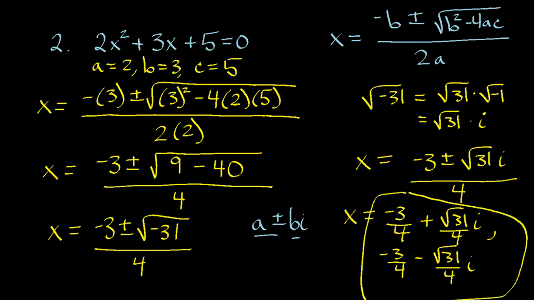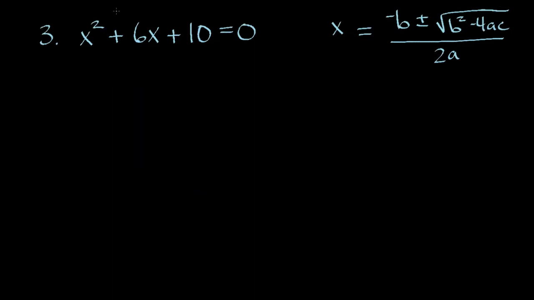Let's try another one with an imaginary solution. For this third problem, you could try factoring, but it is not factorable. Therefore, I will solve this one again using the quadratic formula. A is 1, B is 6, and C is 10.